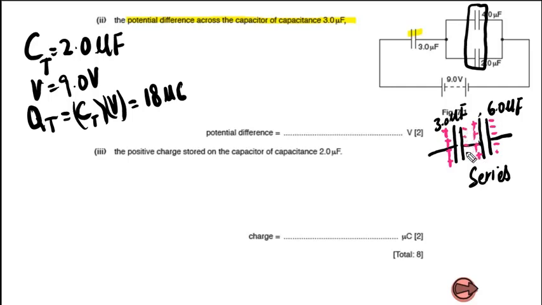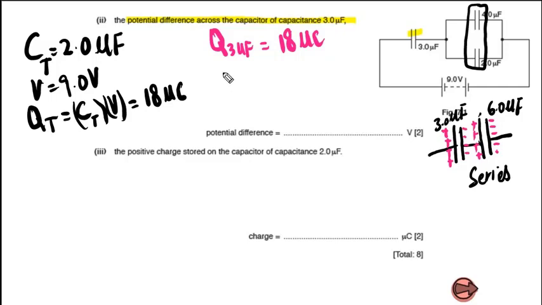When we talk about charge on a capacitor, we just talk about the charge on the positive plate, meaning the net charge on the positive plate. So from here we have found that the charge on the 3 microfarad capacitor is equal to 18 microcoulombs.